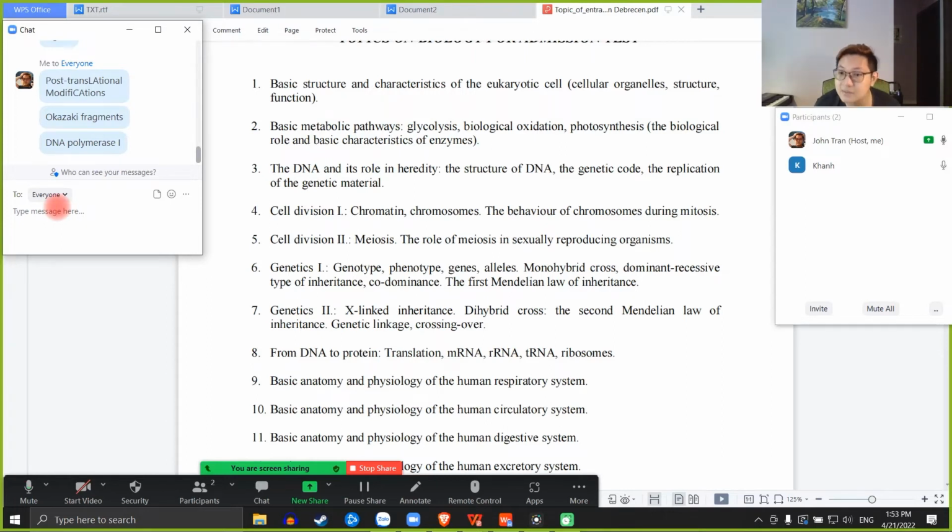You have to say the full name, DNA Polymerase 1. It is the enzyme which helps to cut off the primers, and with the help of ligase these Okazaki fragments get attached to each other to create one single strand.